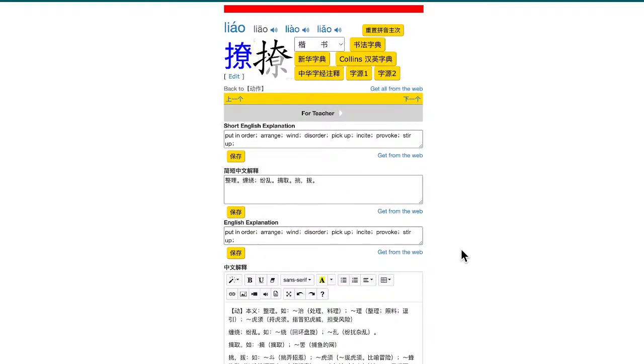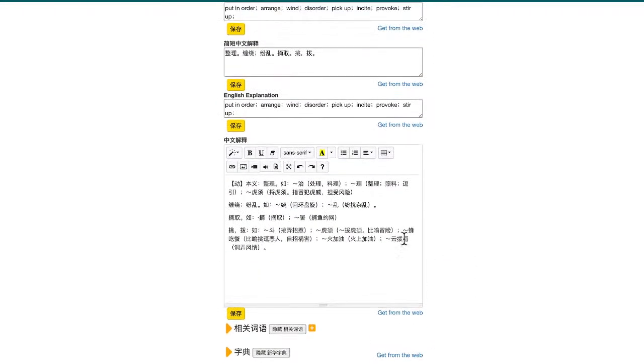Put in order, pick up, and then it also means the opposite, like disturb it, make things disorderly, incite or provoke, stir up. So you are trying to make trouble. 撩, try to provoke somebody. It's called 撩.